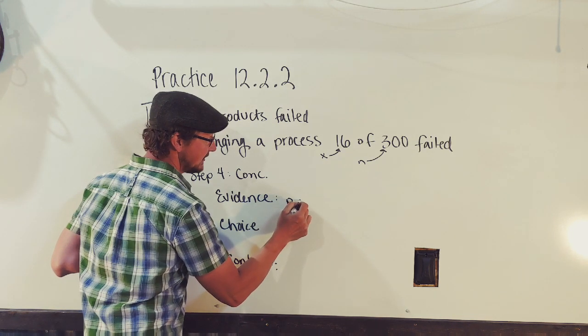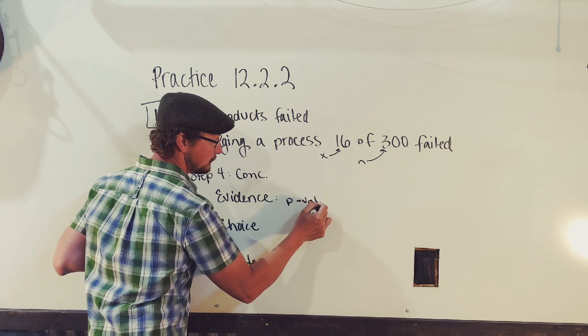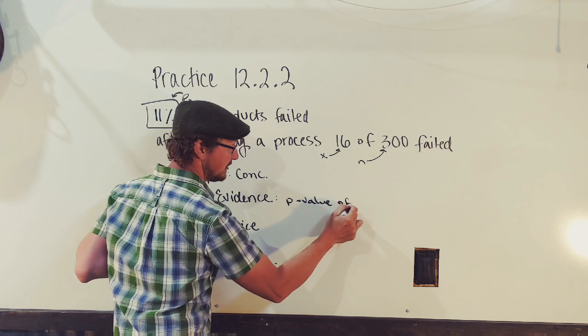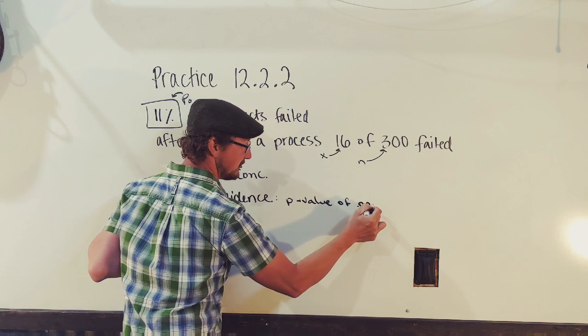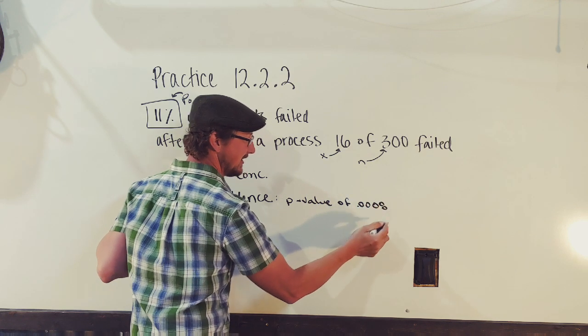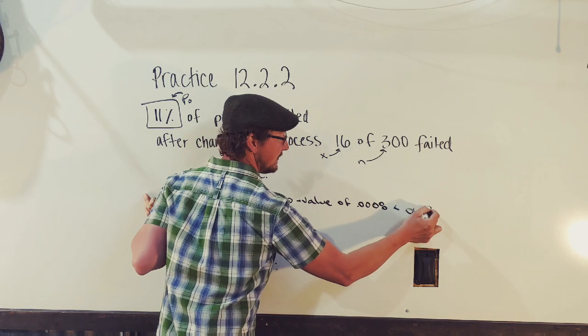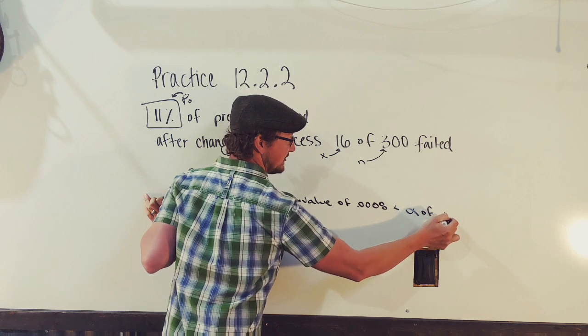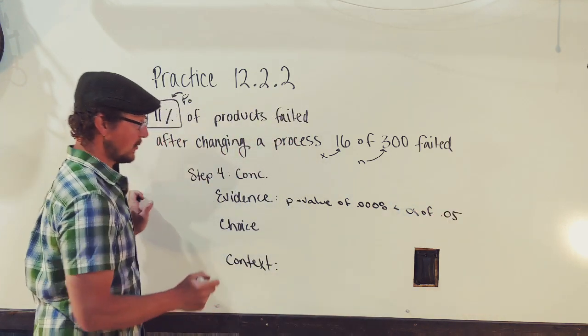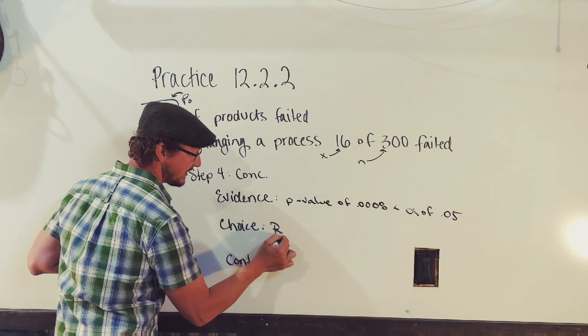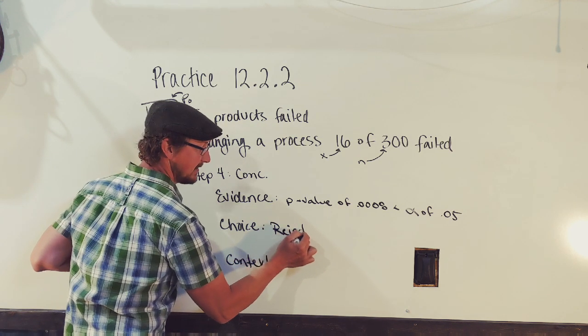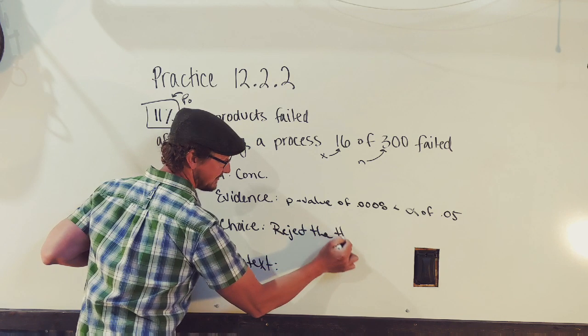We had a p-value of 0.0008, which is way less than our alpha of 0.05, which makes the choice easy. We definitely reject the null hypothesis.